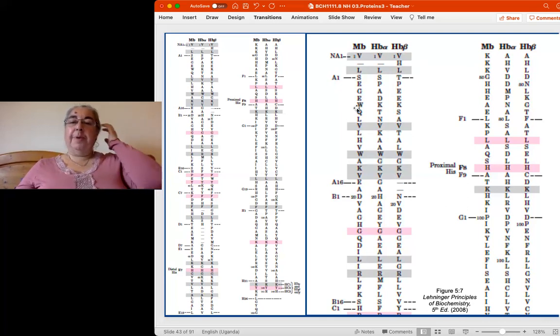So for instance, we could be comparing proteins from a human, a rat, and a yeast, something like that, and we could find out which parts of that protein are very important for the function of a protein and therefore don't change, and which are less important for the function of a protein and are likely to change a lot between 3 different organisms, like a yeast and a human and a rat. Okay, so you can look at that in the textbook and see more details about these comparisons in the textbook.